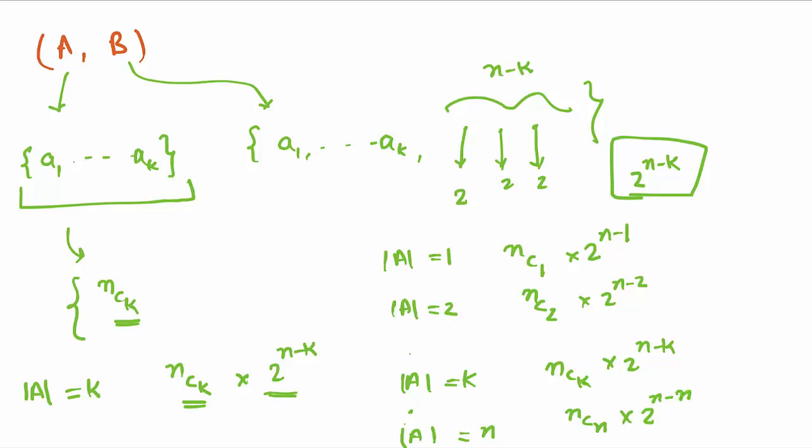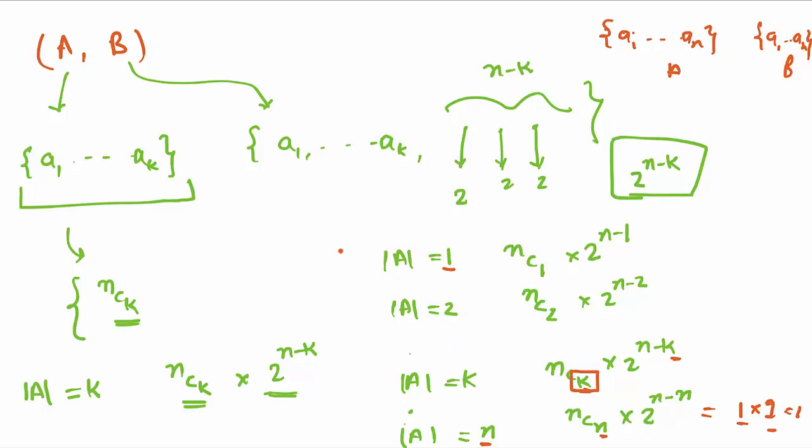If k is n, then it will be NCn and 2 power n minus n, which is nothing but 1 into 2 power 0, that is 1. Only one choice for A and only one choice for B, which is taking all elements A1 to An in A and taking all elements A1 to An in B, right? So anyway, this k that I'm interested in can range from 1 to n, right?